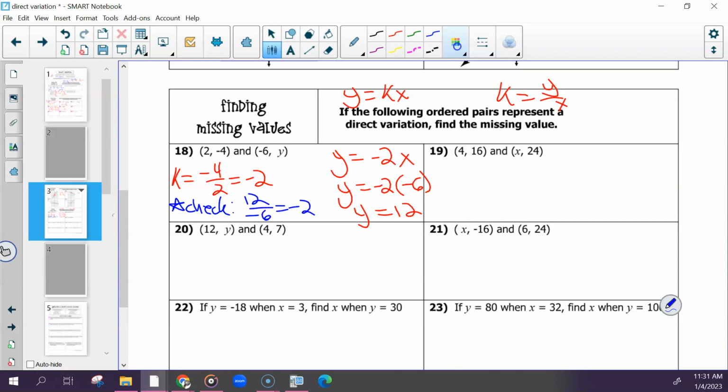If you don't, something might be wrong with your work, so double check that, because you should get the same k value. So because these are the same, that works. 12 is my final answer. Before we move on, what questions do we have on that one?